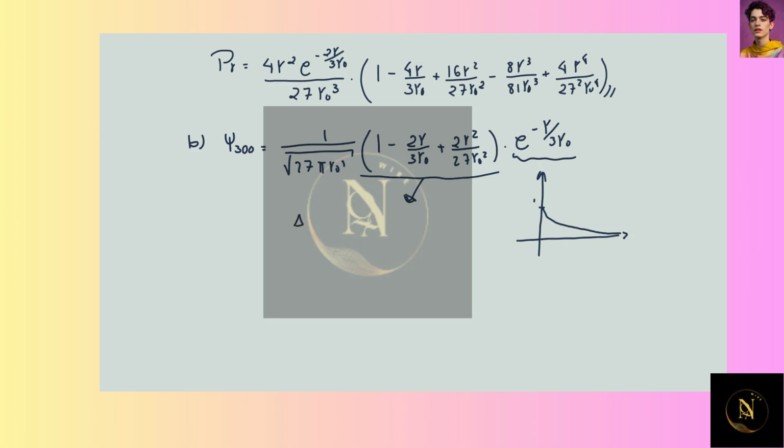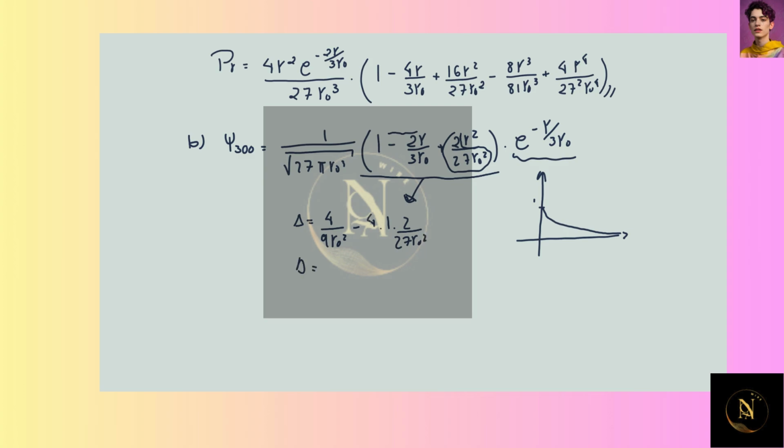So the discriminant is equal to b squared, so this term squared, 4 divided by 9 r0 squared, minus 4 times the first term, 1, times the last term, 2 divided by 27 r0 squared.